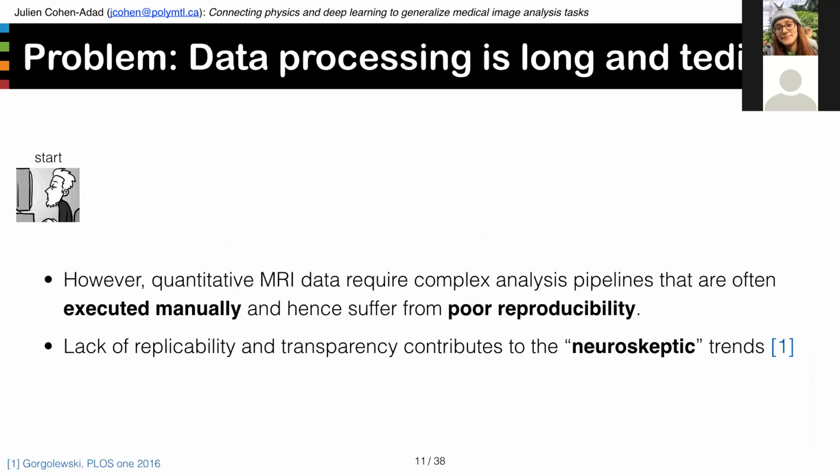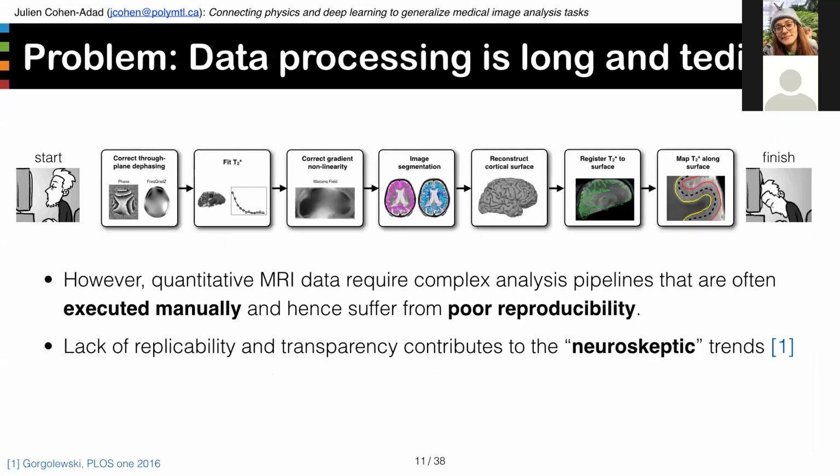The problem with this fancy quantitative MRI data is that they require an extremely complex processing pipeline. So that's where the data comes in. Those pipelines are often executed manually and suffer from poor reproducibility.